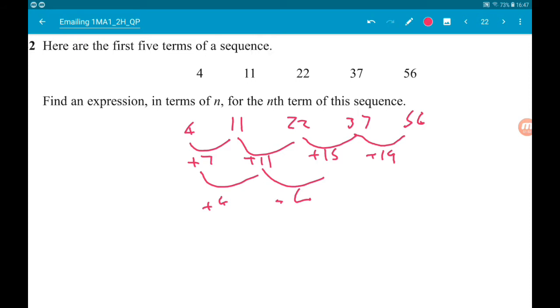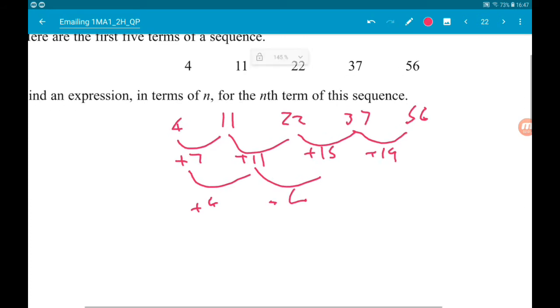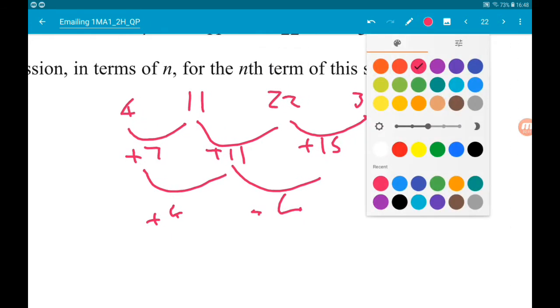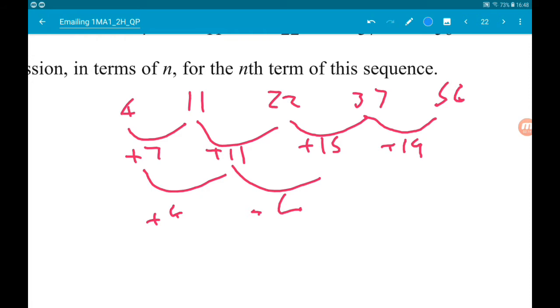Now you halve the second difference, and that tells you the quadratic part of the sequence. So half of 4, I think, is 2. So the quadratic part is 2n squared. Okay, so what we now do is write down the first few terms of 2n squared.